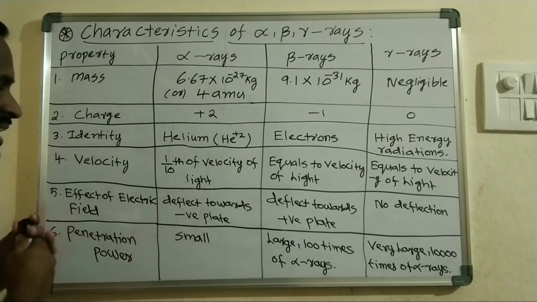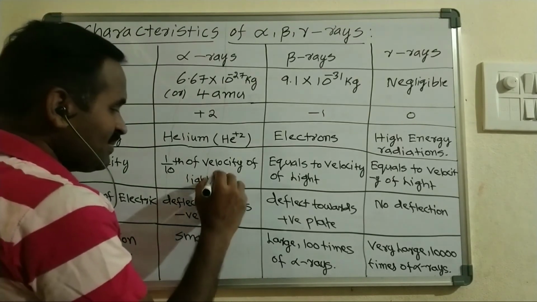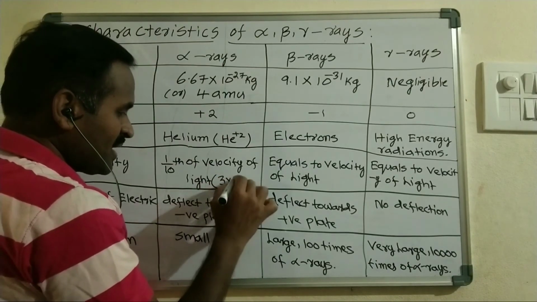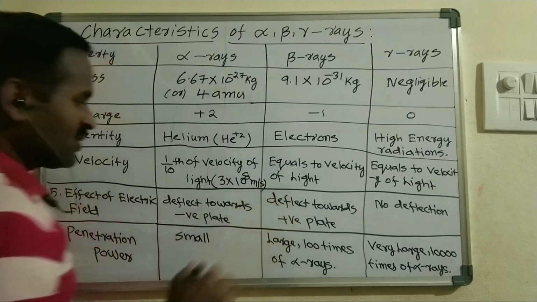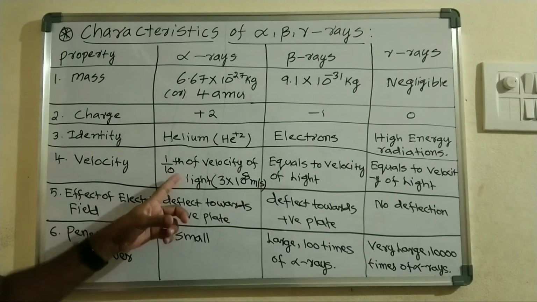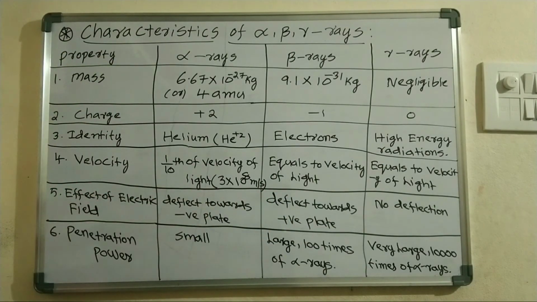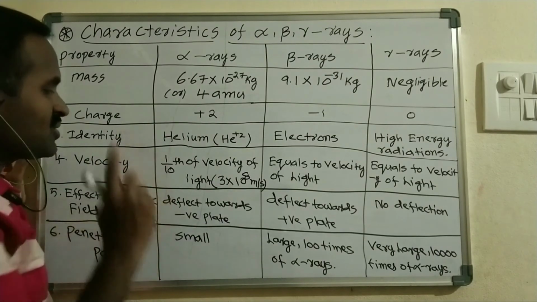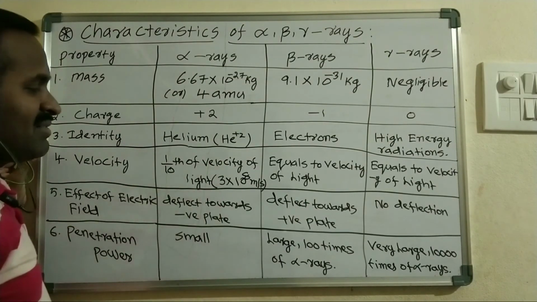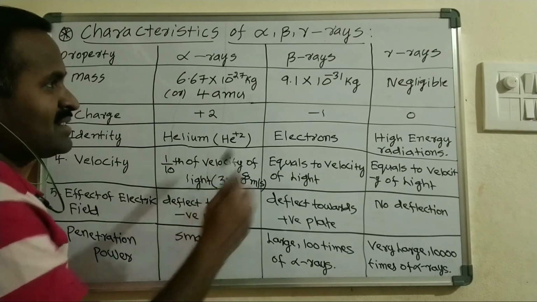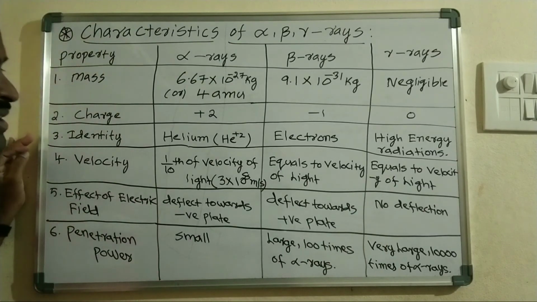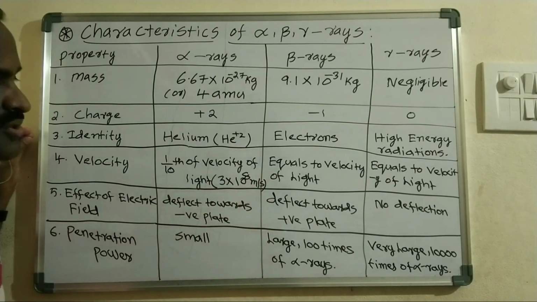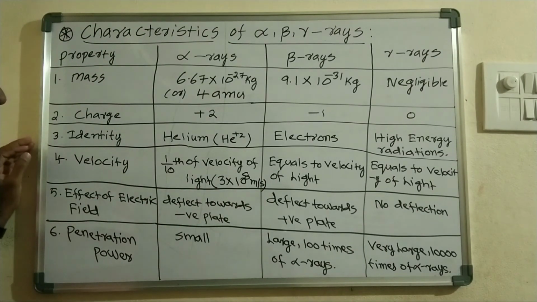The velocity of light is 3 into 10 power 8 meter per second. Whereas beta rays and gamma rays both have a velocity equal to the speed of light.